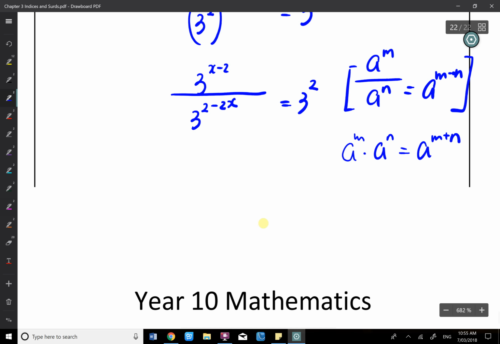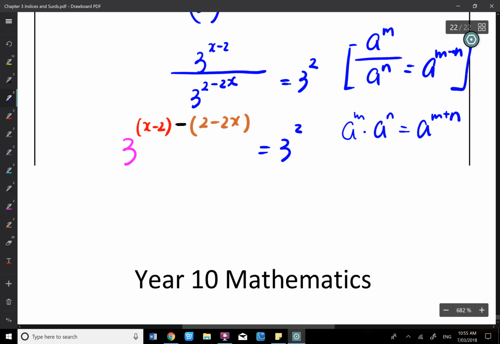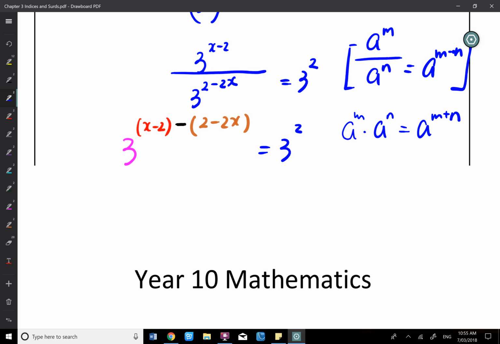So what I will do is, be careful with that step, 3 to the power of x minus 2 minus a bracket 2 minus 2x, and that equals to 3 to the power of 2. Be careful with the bracket.